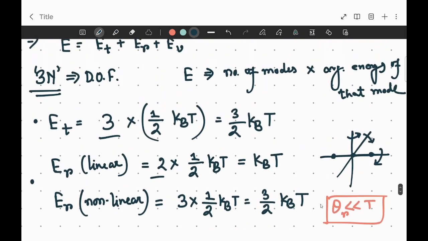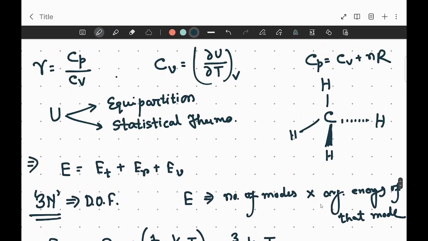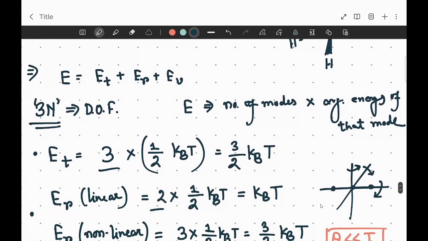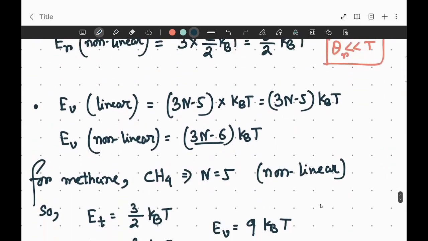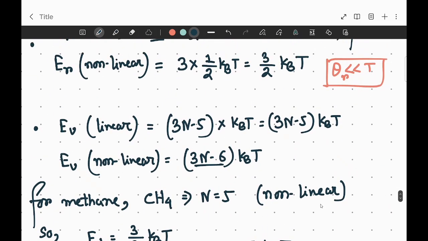So this is equipartition. From statistical mechanics, you can also do it. But this is valid when the temperature is higher. How much higher? First of all, we have considered that theta_R is very, very less than T. And also for this validation, this will only be valid when T is also very much higher than theta_V. Then only you can apply kBT.